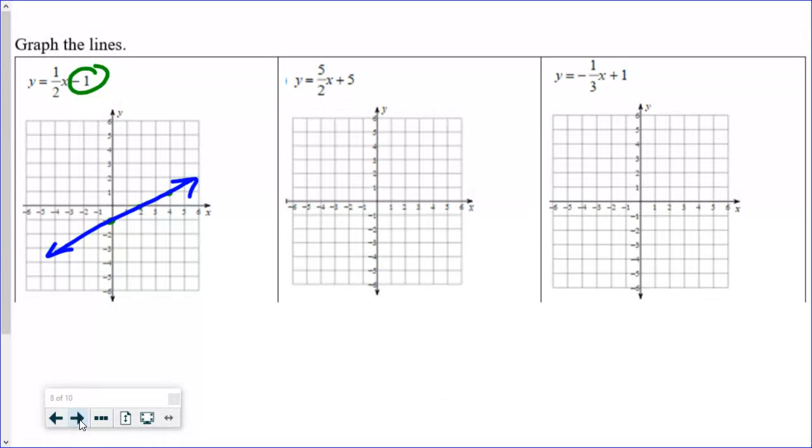Okay, this one you're going to start up 5, and then you can't go up 5 over 2, so now we have to go down 5, back 2, just to represent positive slope. And again, I look at that equation. Ooh, I should hit them all. Positive y-intercept, positive slope.